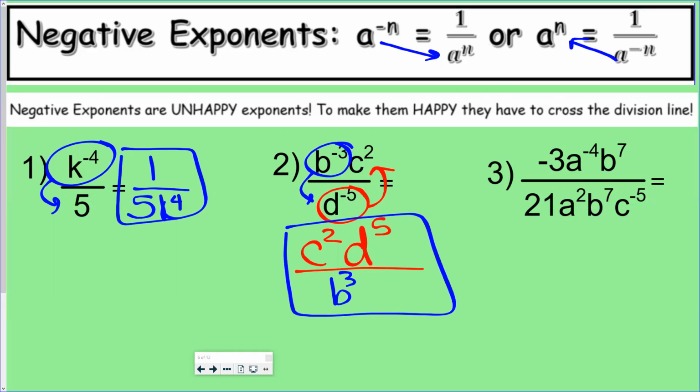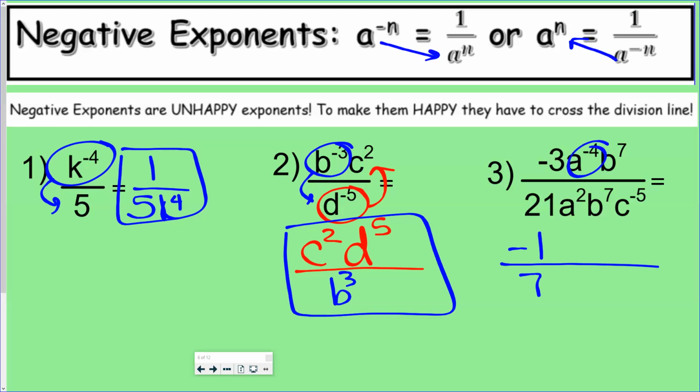So now let's try number 3. On number 3, I have negative exponents. I also see a negative coefficient. We talked a little bit on Friday that when we have negative coefficients, those don't move. All we do is simplify those like we normally do. So negative 3 divided by 21, that is negative 1 over 7.